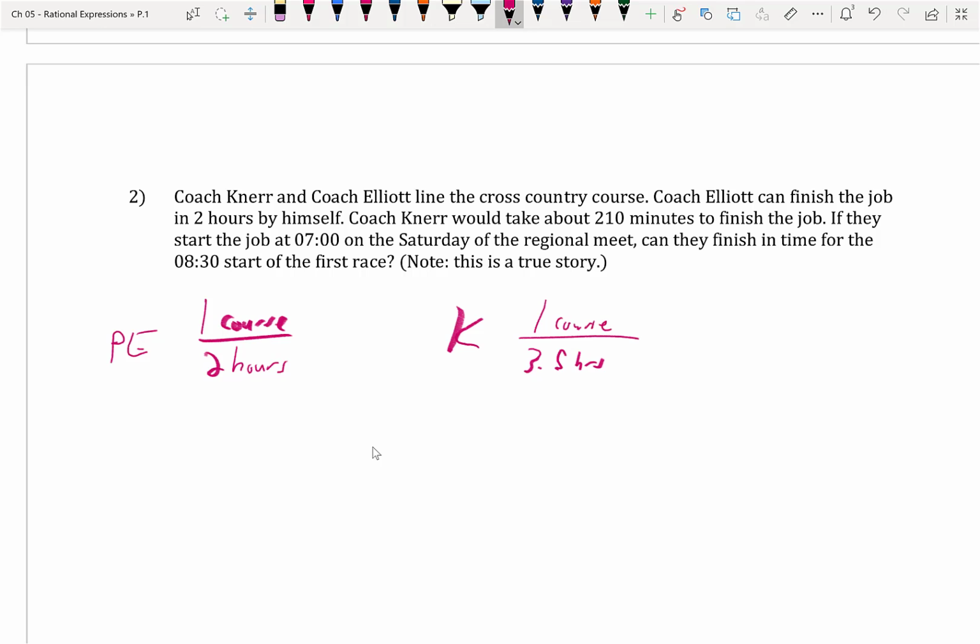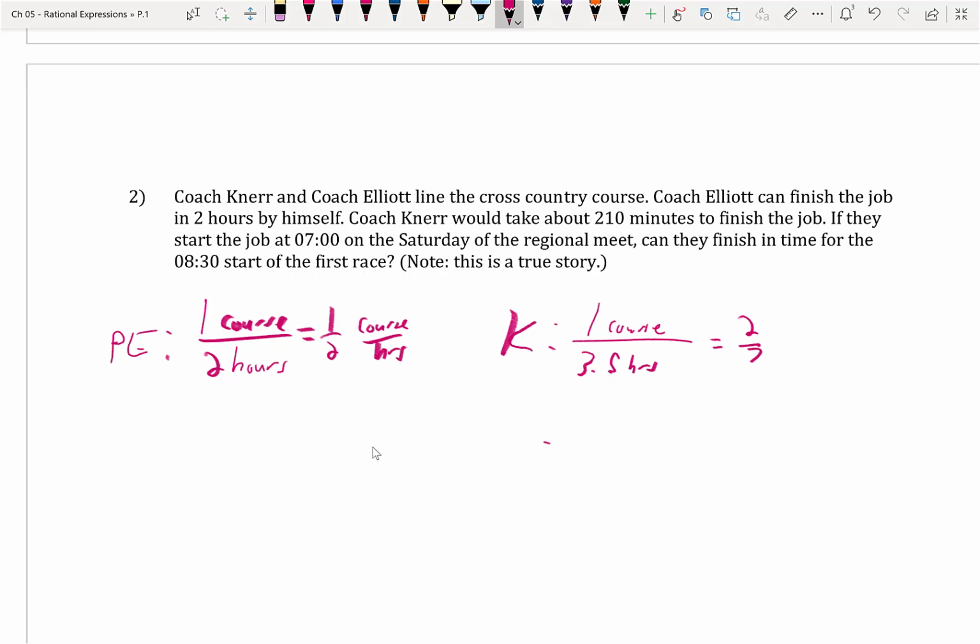I'm going to now make this 1/2 course per hour. I'm doing that because it's important to pull that out. Even though it's the same number, I'm pulling the units out, making the units courses per hour. And then Kinnear's, I'm simplifying this down a little bit. Instead of saying 1 for 3.5, what's the whole number ratio? 2/7. Good. This is 2/7 courses per hour.